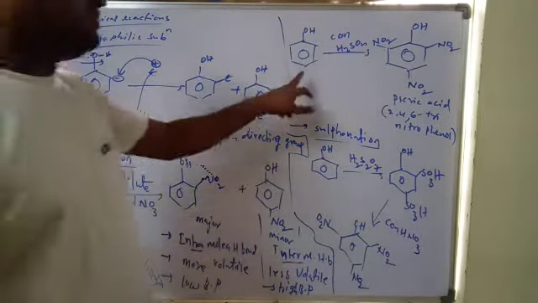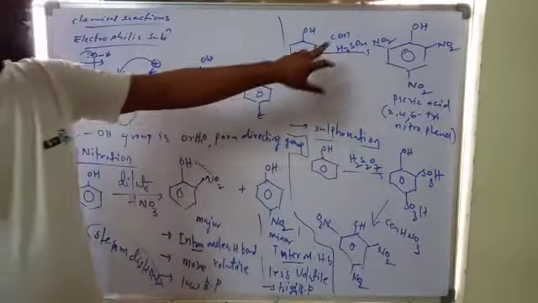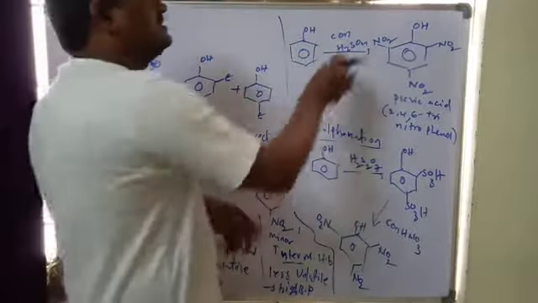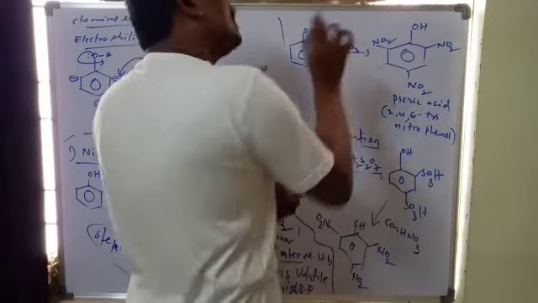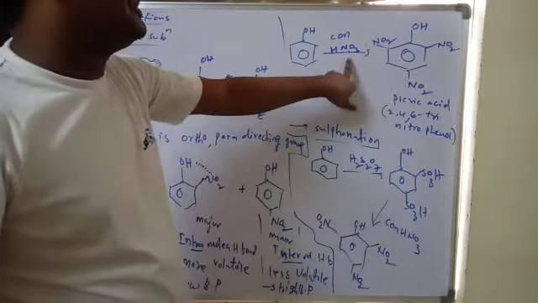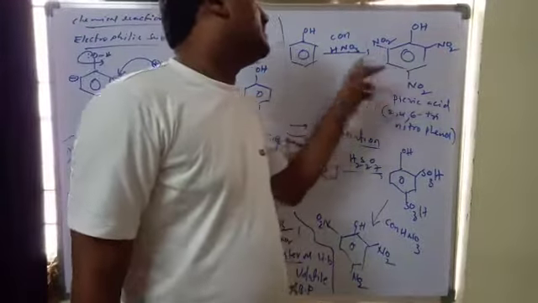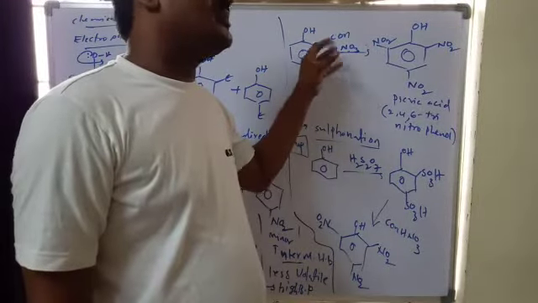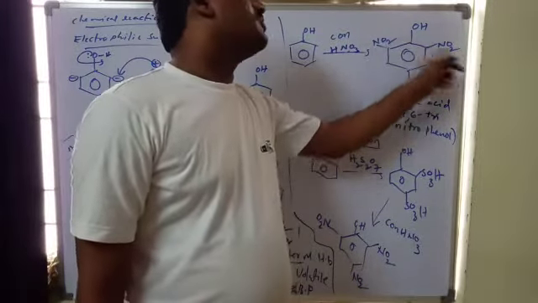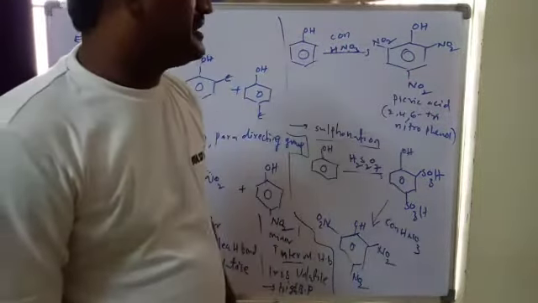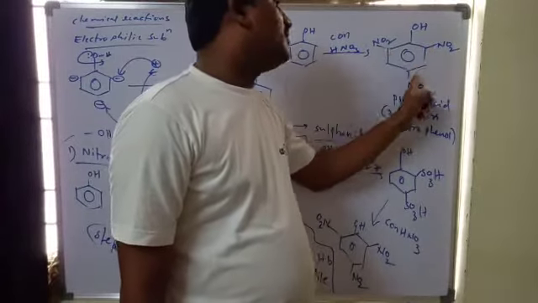But when the same phenol reacts with concentrated nitric acid, concentrated HNO3, more nitronium ion, NO2 plus, is generated and it attacks multiple times at both ortho and para positions. That is called 2, 4, 6.